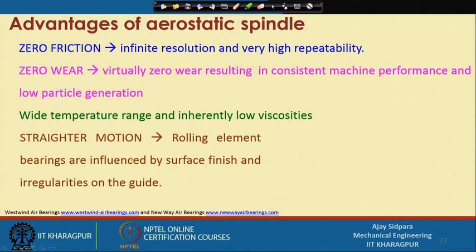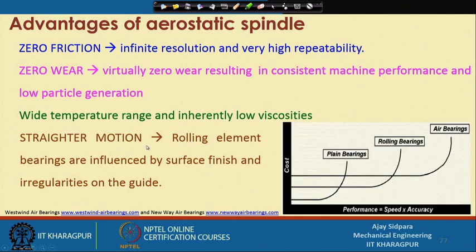Straighter motion: rolling element bearings are influenced by the surface finish and irregularity on the guides, because if the surface is very rough, at that time the rolling element is also in physical contact. Now, consider this is the ball and these are the two surfaces between which it is moving. So, this is the outer race, this is the inner race, and it is moving in this. You need a certain amount of roughness, otherwise this will start sliding instead of rotating.